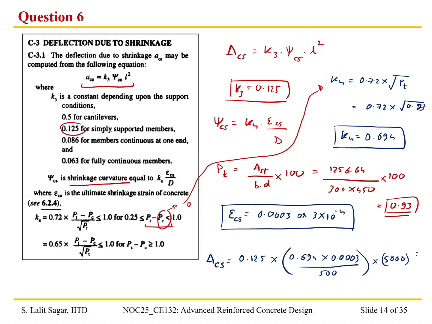Once we solve that, we get the value of delta CS as 1.30 millimeter.